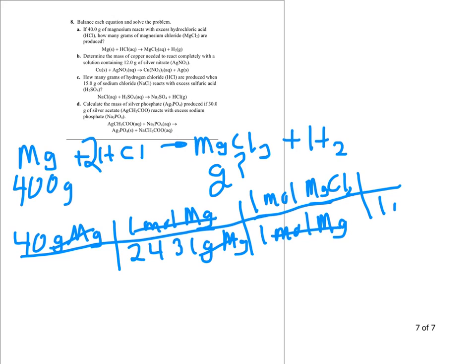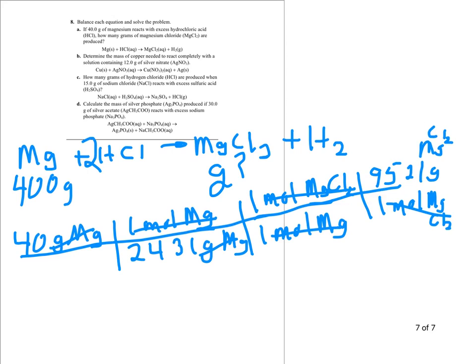And then we know 1 mole of magnesium chloride is, magnesium again was 24.31 plus 2 chlorines at 35.45 gives us 95.21 grams of magnesium chloride. Cancel those, and that leaves us 95.21.